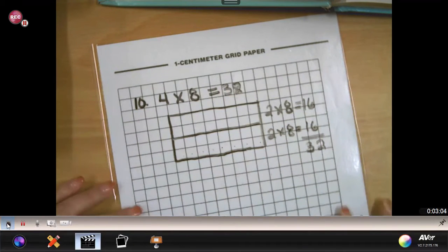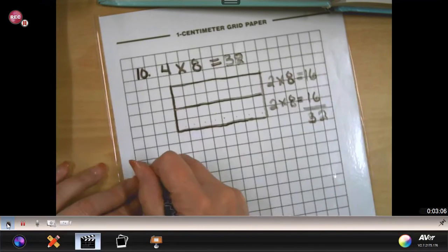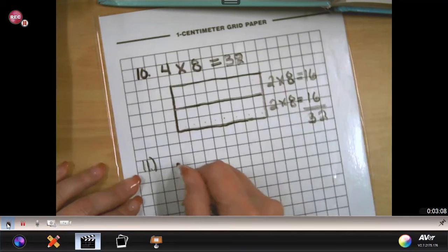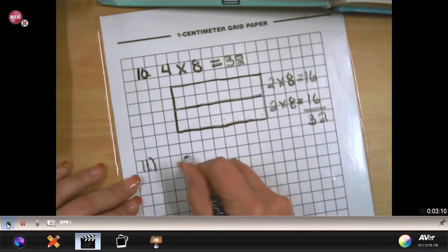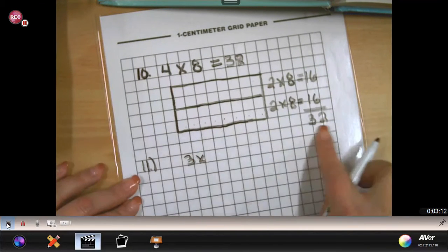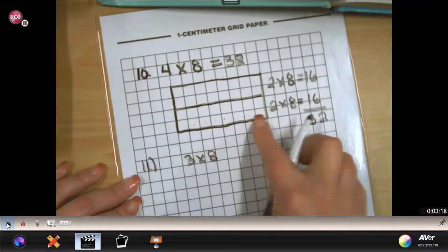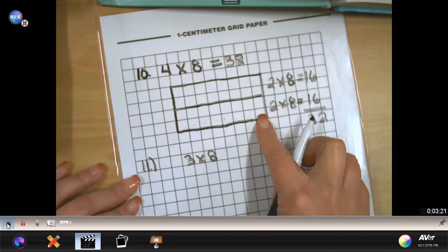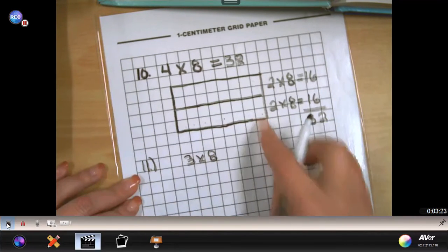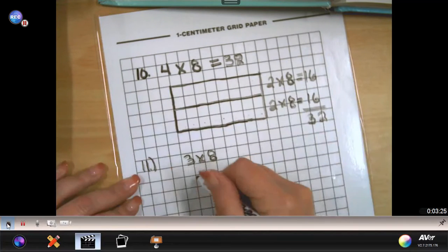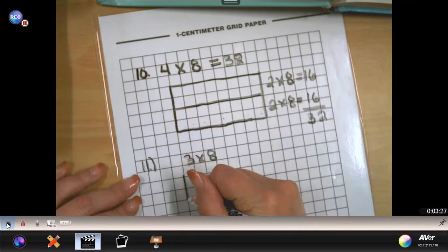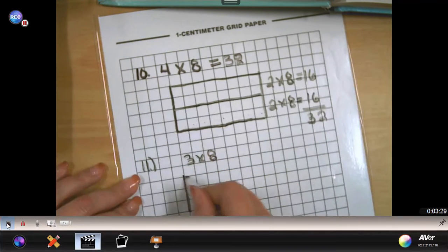All right. Number 11 is 3 rows of 8, or 3 times 8. Now, since we know that 4 times 8 is 32, we could just subtract one of these rows of 8 here, and that would give us 3 times 8. So really what I could say is 2 times 8 and 1 times 8.